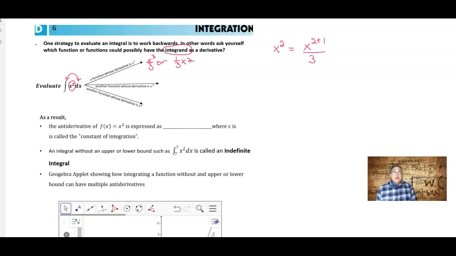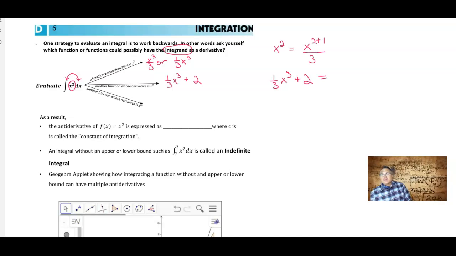Now, is there another function that would also have x squared as its derivative? If you think about it, there are lots of them. I could take this antiderivative I just came up with and add a constant to it, like the number 2. If I took the derivative of that, the 2 would disappear because the derivative of a constant is 0.